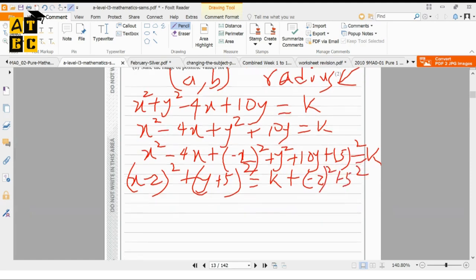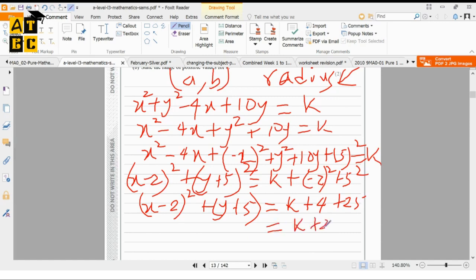At this point, all you need to do is to make sure that your equation looks exactly like the standard way of writing the equation. Of course, you have a k there, so you need to be careful. Since you don't know the value of k, let's just proceed. So you have y plus 5 squared equals k plus, this is minus 2 squared which is 4, plus 25. So you can just say this is k plus 29.